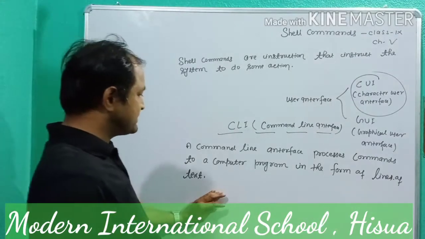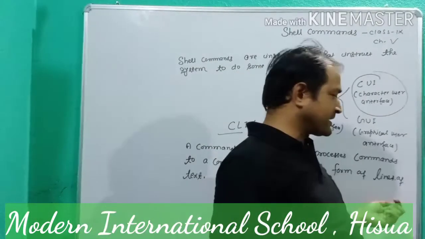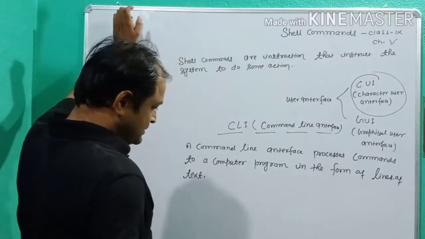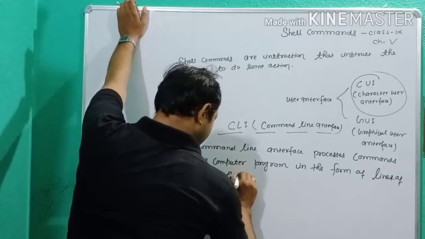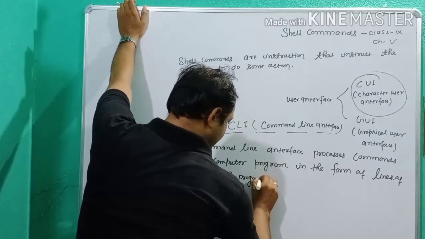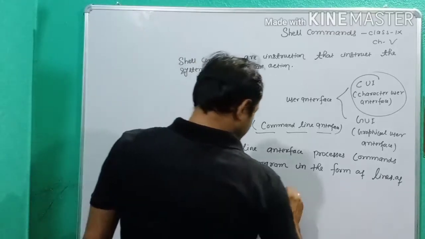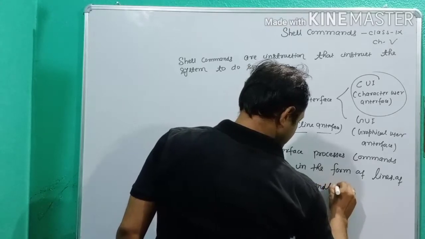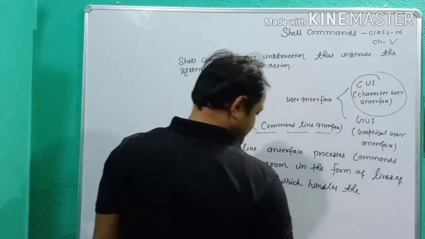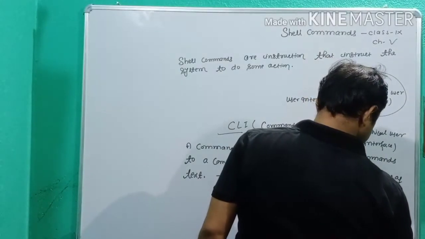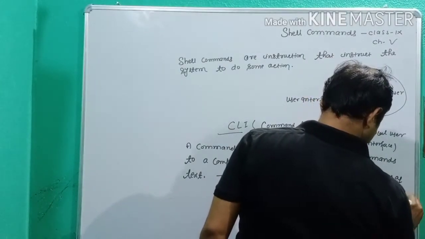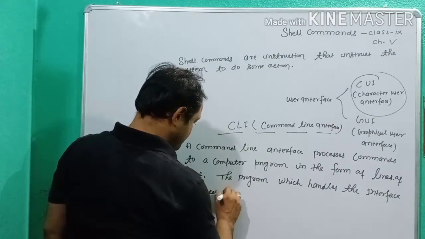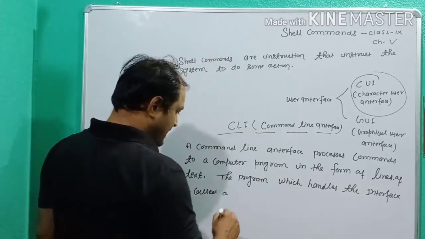Command line processing is a computer program in the form of lines of text. The program which handles the interface is called a command line processor.